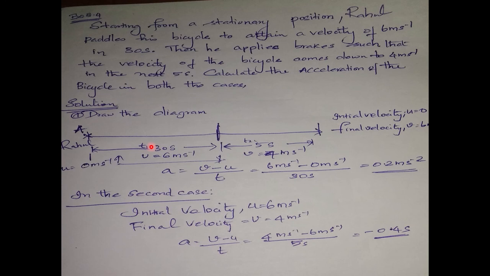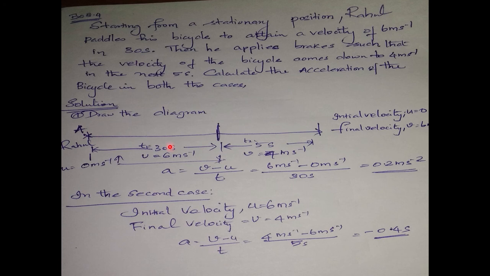Now there is another problem which I have already solved. Starting from a stationary position, Rahul paddles his bicycle to attain a velocity of 6 meters per second. So at the starting point Rahul is at rest, so u, the initial velocity, is 0 meter per second.